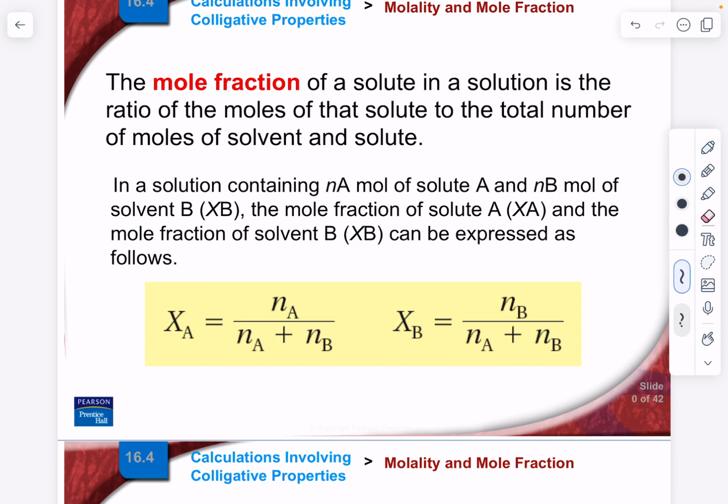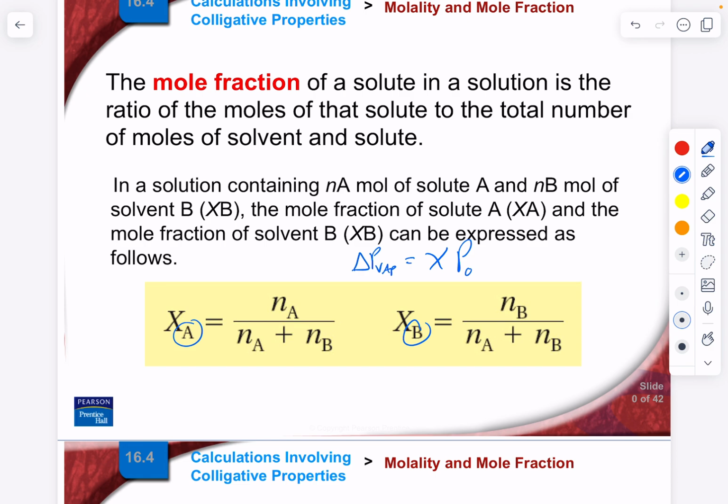So if my solvent is represented by letter B, and my solute is represented by the letter A, if I multiply that by the fraction, then I can get the new vapor pressure. So my change in vapor pressure is going to equal my mole fraction times my initial pressure when the solvent is pure.